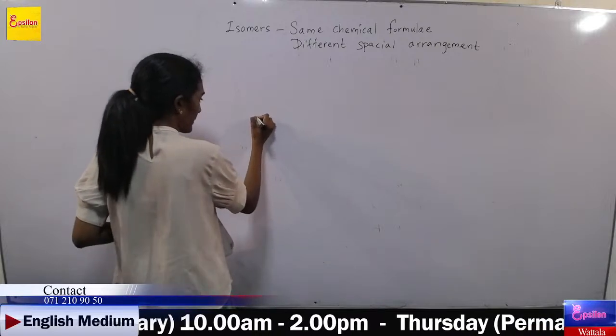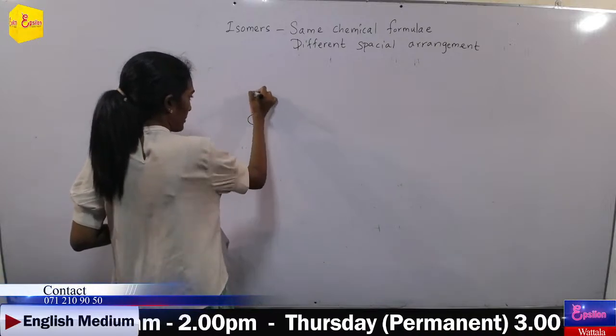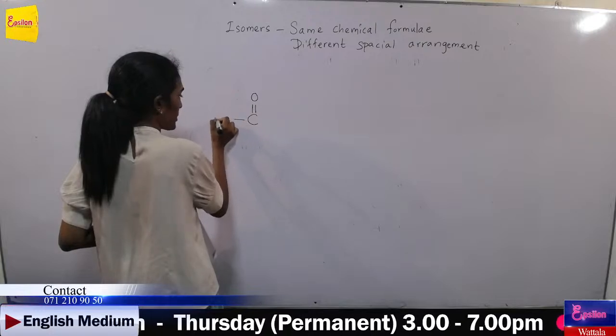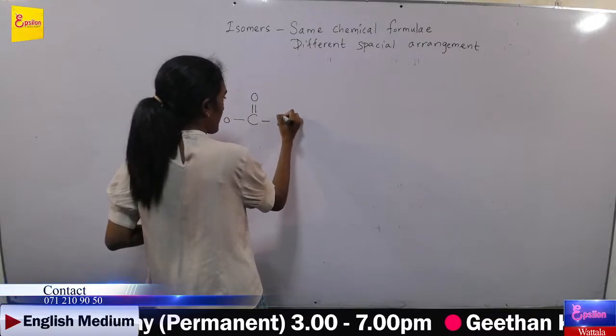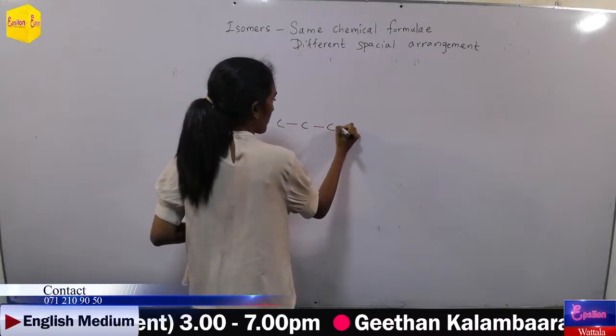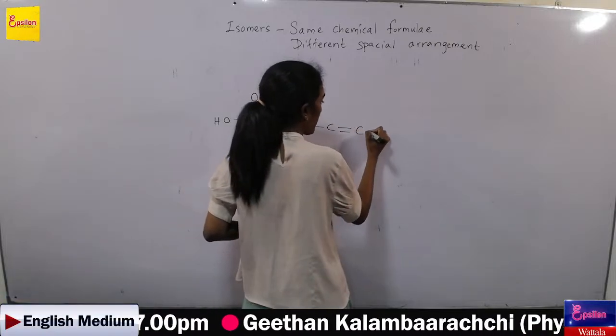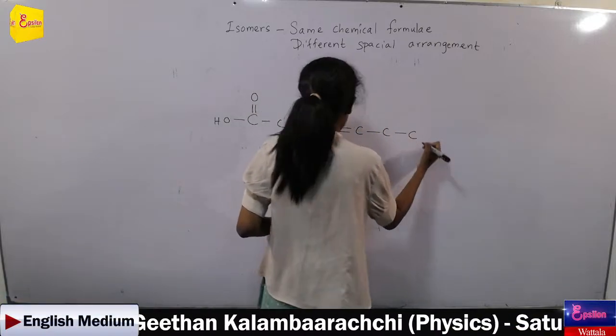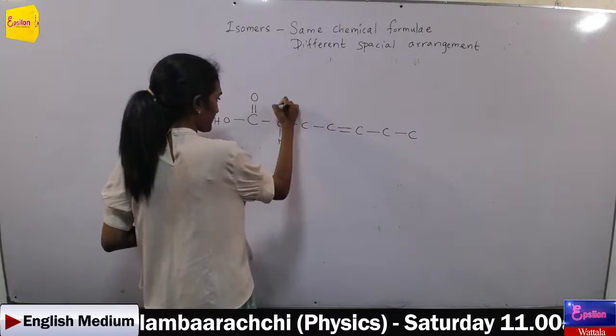Let's draw it and see. C double bond O, OH, C. Let's say there is one double bond here. Others are all just single bonds.